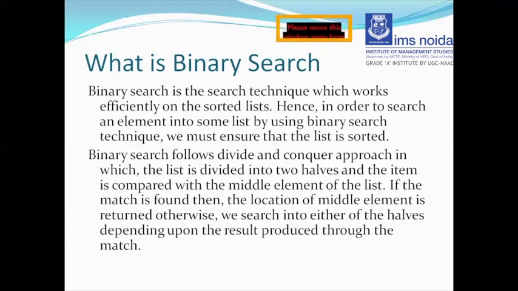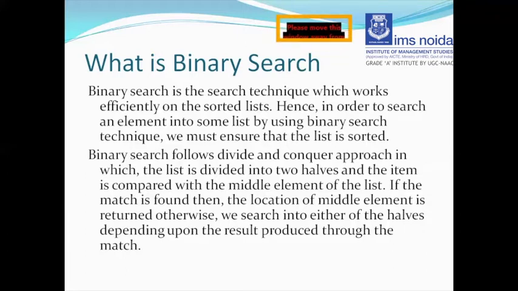We'll find the middle element of the list and the item to be searched will be compared with the middle element of the list. अगर वो match हो गया, if the match is found, then the location of the middle element is returned. Otherwise, you have to find out whether your element is larger than the middle element or smaller than the middle element.